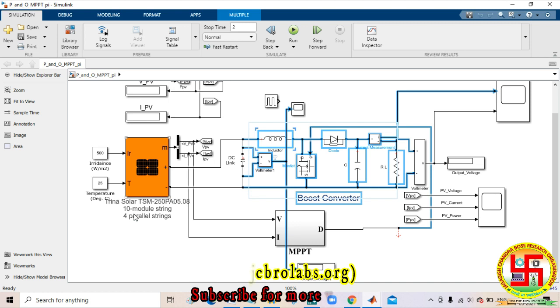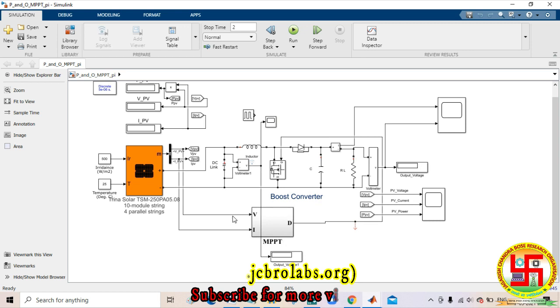The panels may also shade out after a few months, so the irradiation is not constant and you get a non-uniform power supply. That's the reason we preferred an MPPT based algorithm.